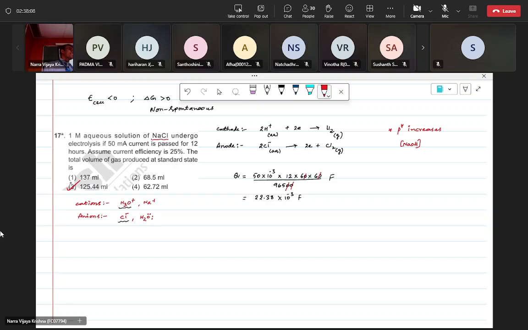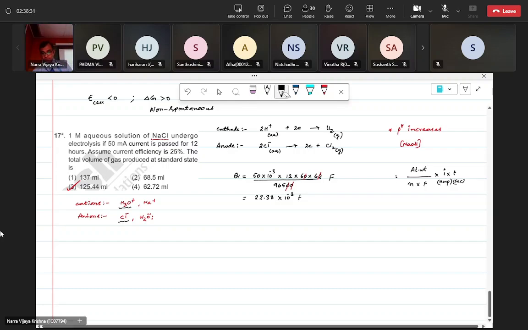Is what I say correct or not? What is the formula? Faraday's first law of electrolysis: weight equal to atomic weight upon n factor into Faraday into I into T, I in amperes, T in seconds. Instead of weight, if I want to write volume, then instead of atomic weight by n factor, I will write molar volume, 22,400 ml divided by n factor.